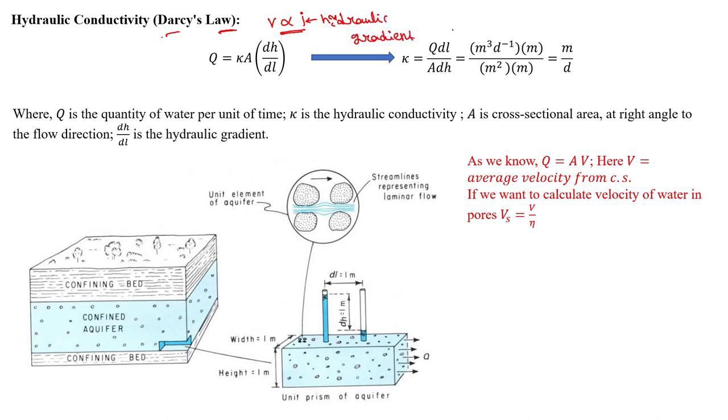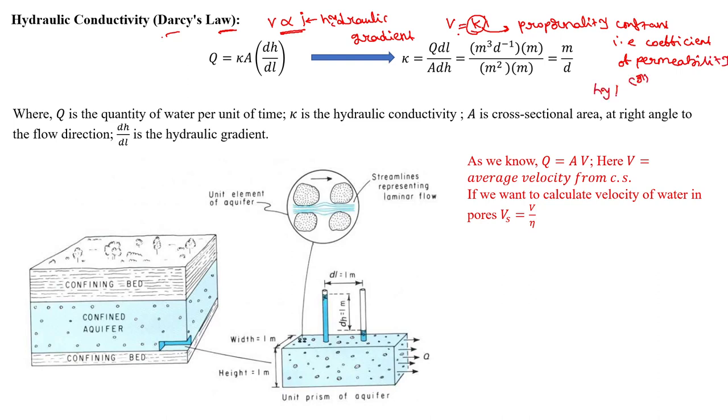To make it an equation, Darcy introduced a proportionality constant, which is nothing but the coefficient of permeability or hydraulic conductivity. So many names are there, so don't get confused.